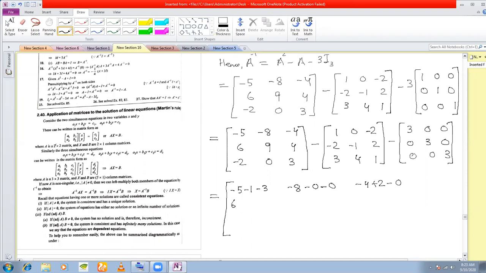Second row: 6 plus 2 minus 0, then 9 plus 1 minus 3, then 4 minus 2 plus 0.